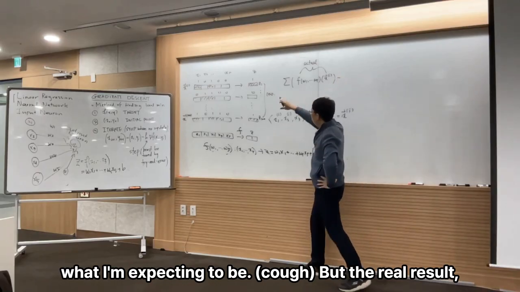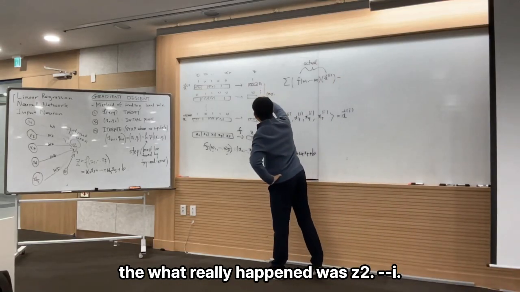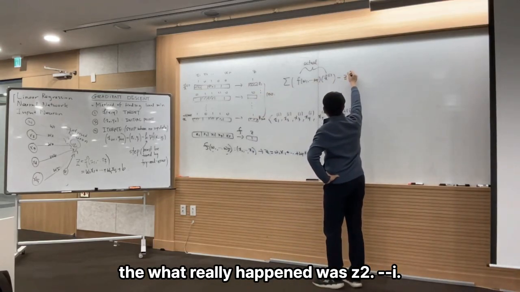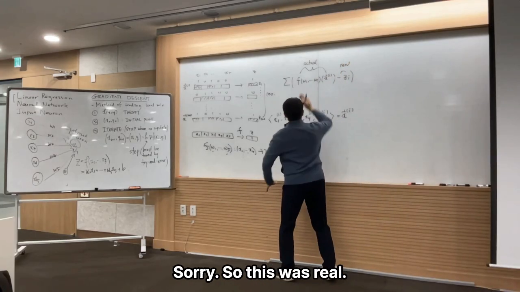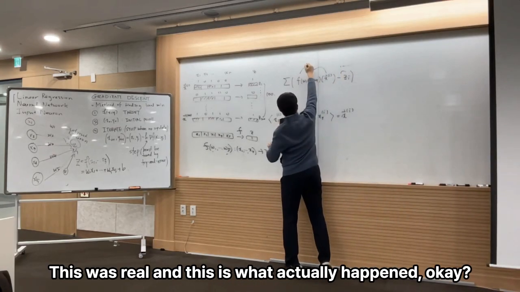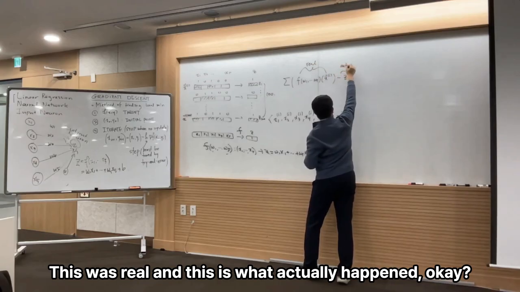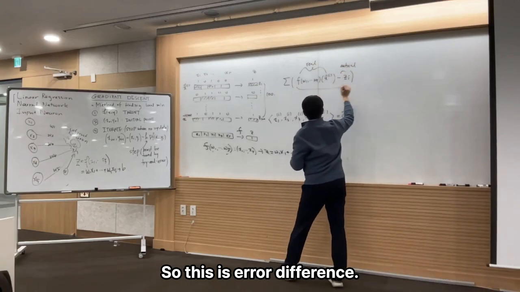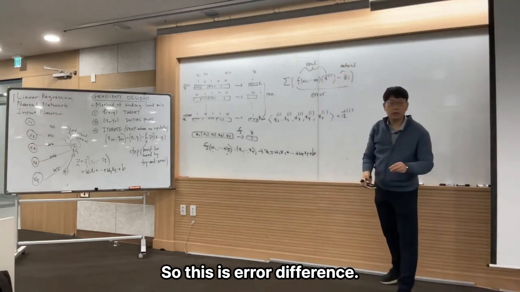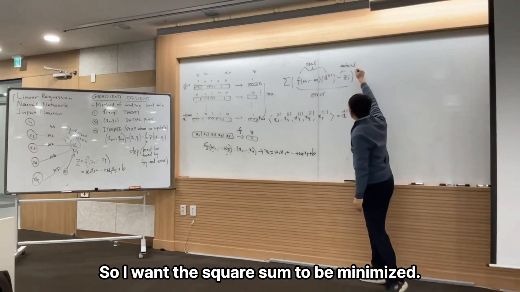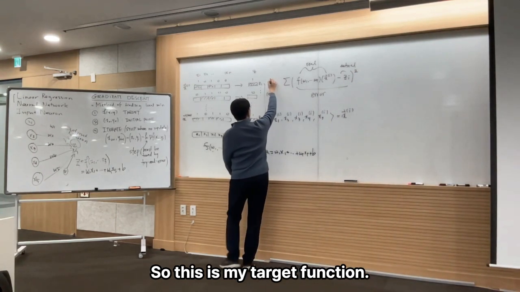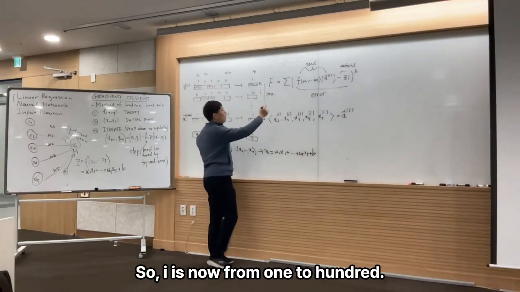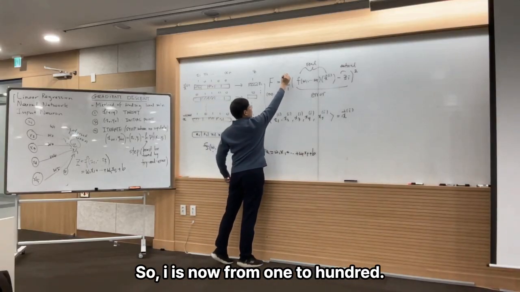But the real result, what really happened was Zi. So here, this is real. The opposite. Sorry. So this was real, and this is what actually happened. Okay. So this is error difference. So I want the square sum to be minimized. So this is my target function. So i is now from 1 to 100.